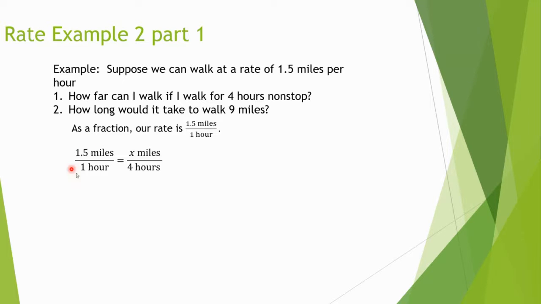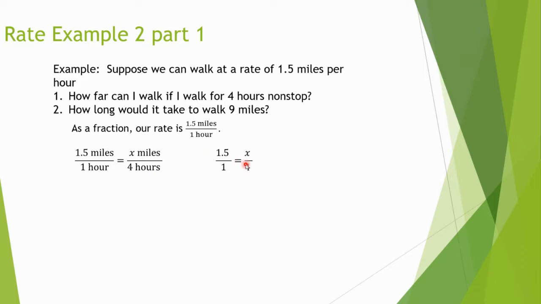Now, x again is how many miles we're walking, how far we go, our distance. So let's do that. Again, notice that units are in the same corresponding position. If you're at the top, you go across, you get the same unit. Bottom, go across, you get the same unit. So now that the units are canceled, we have these numbers to deal with.